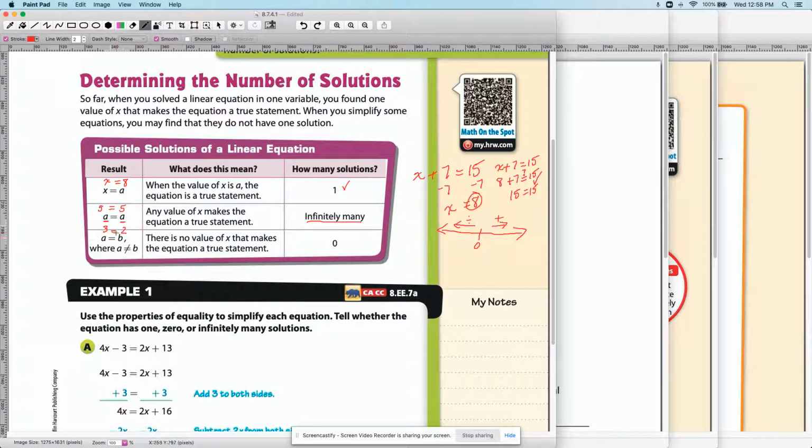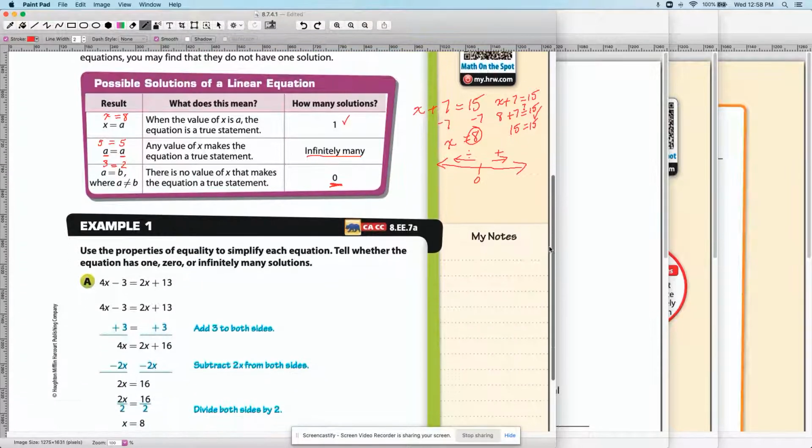So if you get a number that equals a different number at the very end, then that means there are 0 solutions. No value of x will ever make that equation true. So those are the 3 different number of solutions that equations will have. They'll either have the one standard solution, they could have infinitely many, or they could have no solutions.